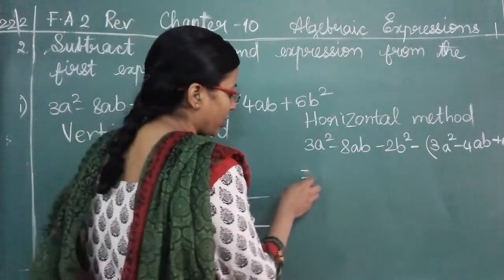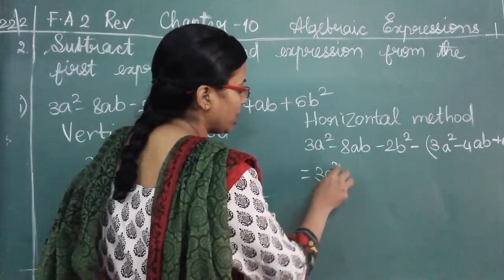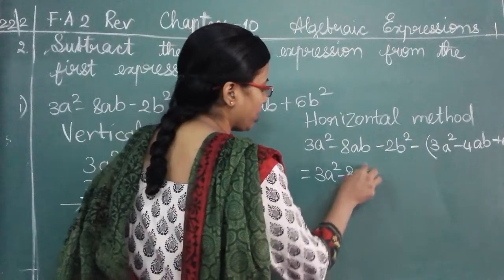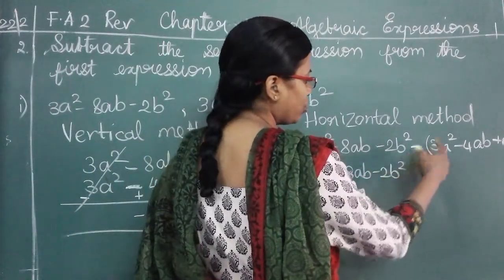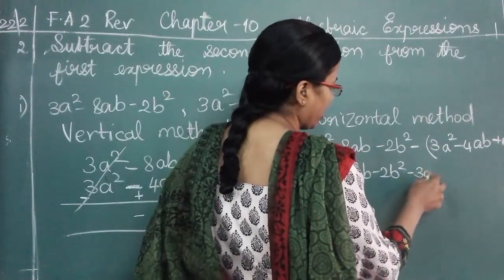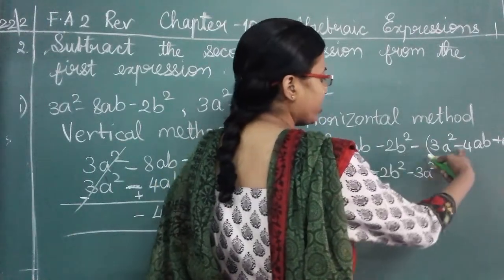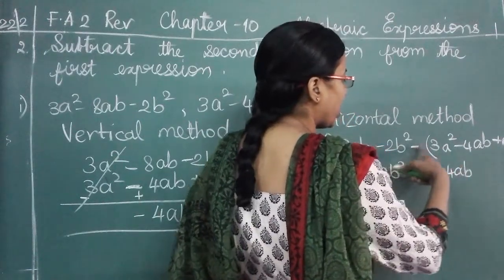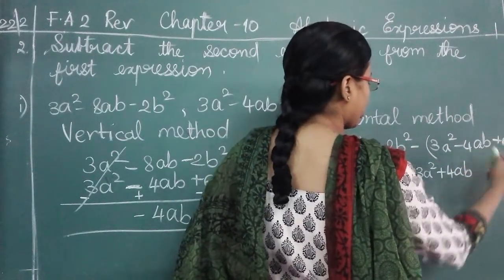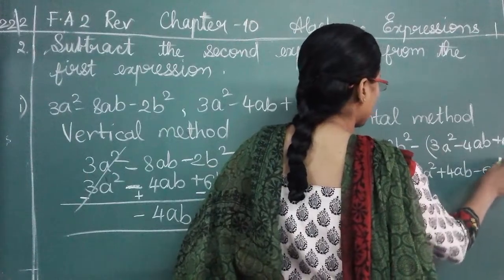So now let's write. This will be equal to 3a square minus 8ab minus 2b square, minus into plus becomes minus 3a square. Minus into minus is plus 4ab. Minus into plus, one minus sign, so it is minus 6b square.